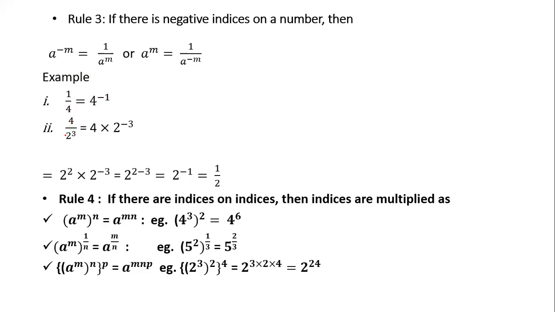Then 4 over 2 power 3: by pushing this 2 up to multiply by the numerator, 4 becomes 4 times 2 power negative 3. In the same way, we can put this one down to become 4 over 2 power 3. So you can go up, and it can come down.